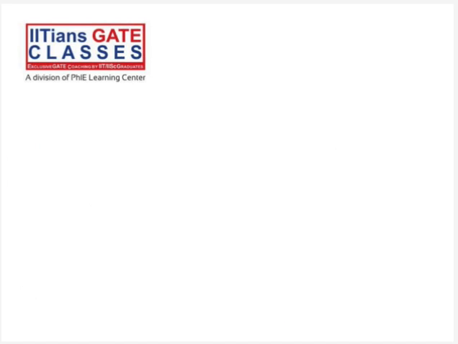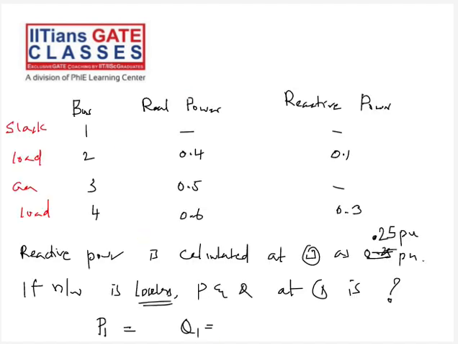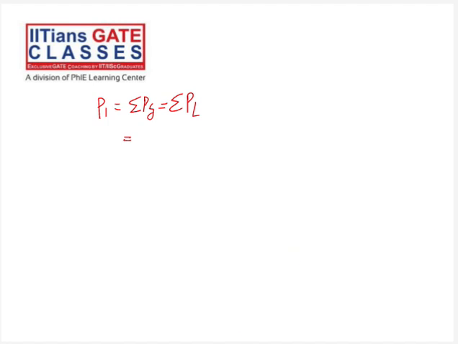So what did we find as slack bus? It is sigma P generation minus sigma P load. Oh no, sorry, sigma P load minus sigma P generation.